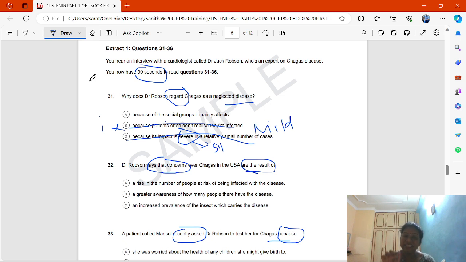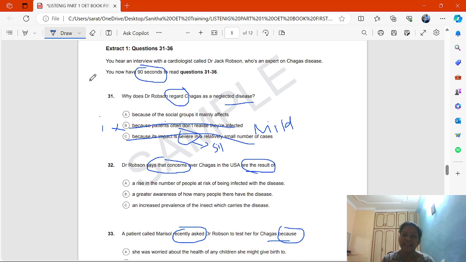After that, this indifference is largely down to it being primarily a disease of marginalized communities in Latin America, where it is endemic. There you need resources to force significant action. Significant action means immediate action.